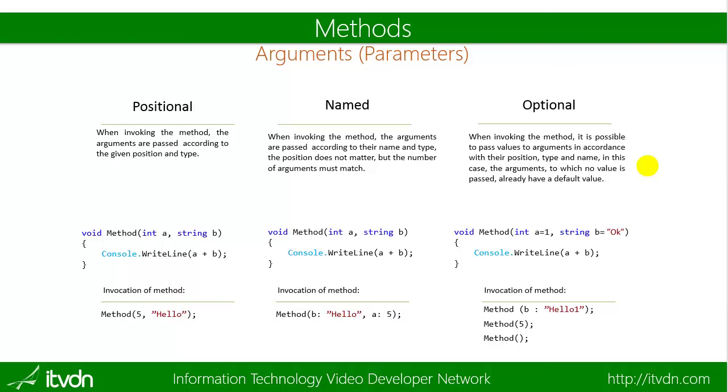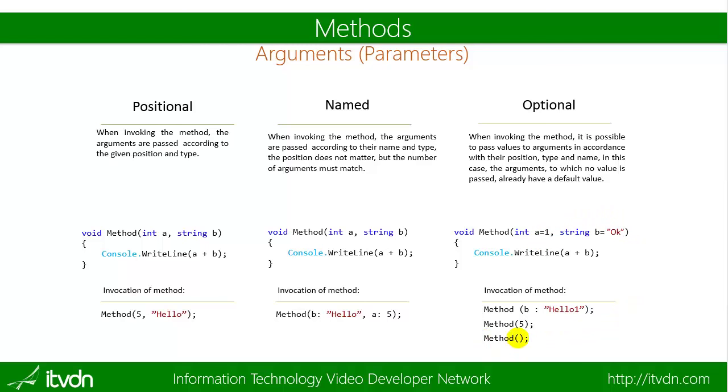To explain this in a short sentence, here in the method's parameters, we have assigned values to our variables. These are the default values, which means even if you don't assign any value when you call the method, it already has a value. So you don't even need to assign a value.